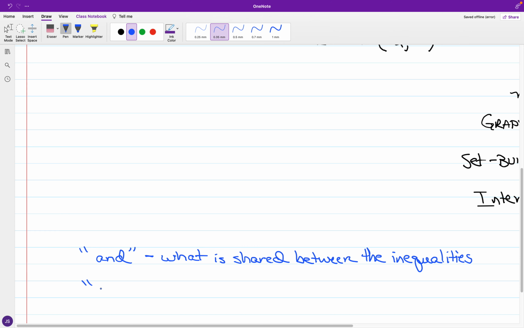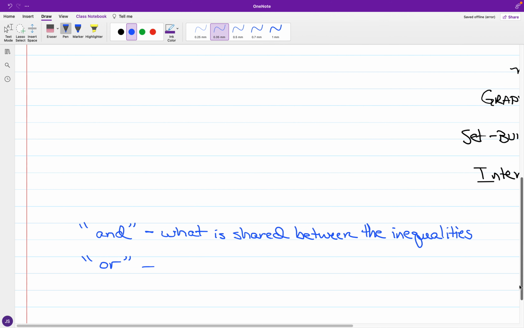And for the other conjunction term, we have or. And instead of focusing or limiting to only what will be shared between the inequalities, you'll be looking at combining everything.